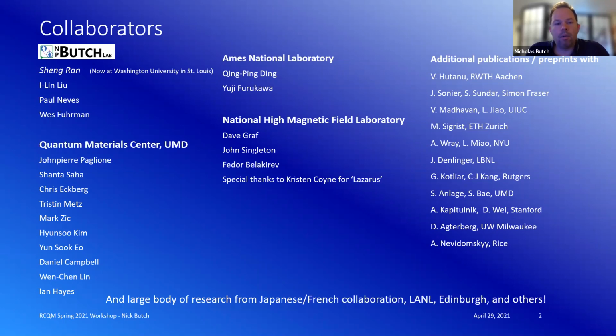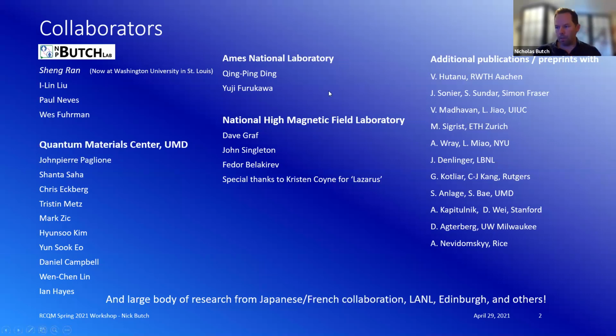That was NMR stuff. We've been doing a lot of MagLab measurements, and we have a long list of collaborators. I also want to say, there's a big, let's call it a competition, race, whatever. There's a lot of international interest. And so we are by no means the only people doing work on this material. Although, of course, I'll focus mostly on stuff that we've been doing and hopefully acknowledge people when it's appropriate.